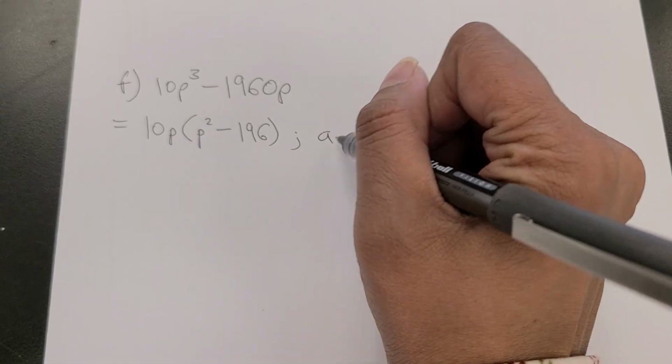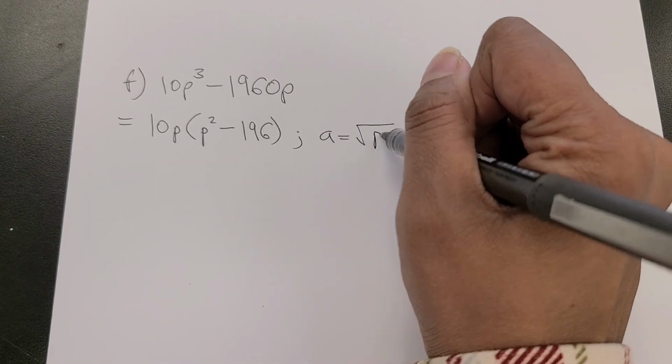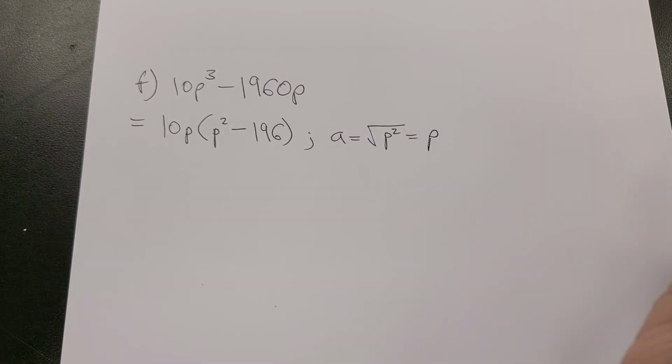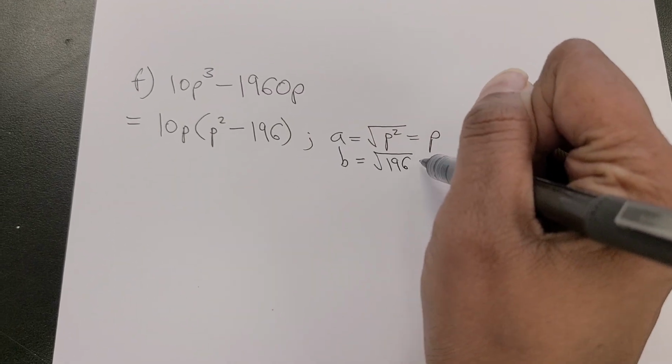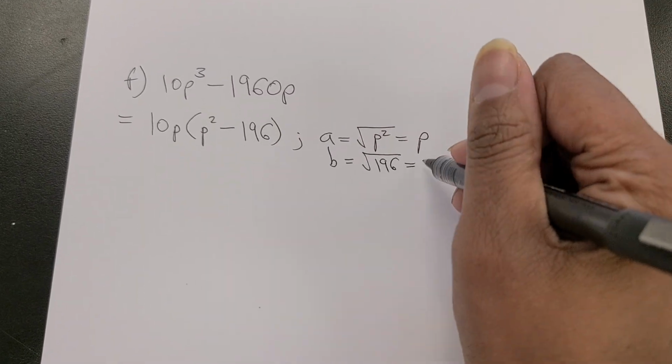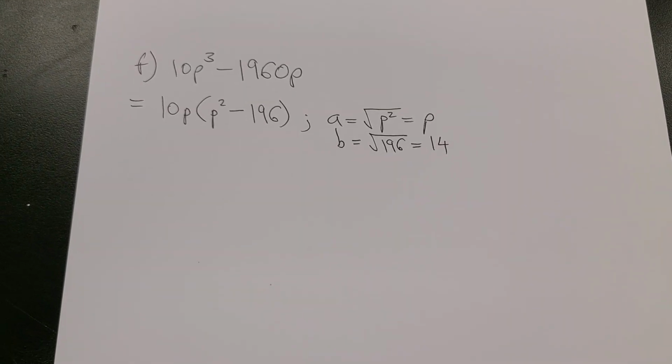Does everyone see that? So again, I'm going to do a equals square root of p squared, which is p, and then b is the square root of 196, which is also a perfect square, 14.